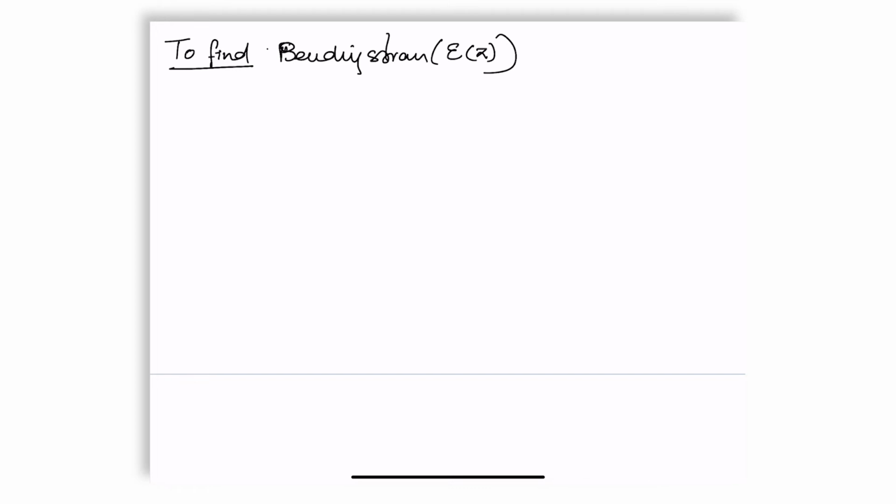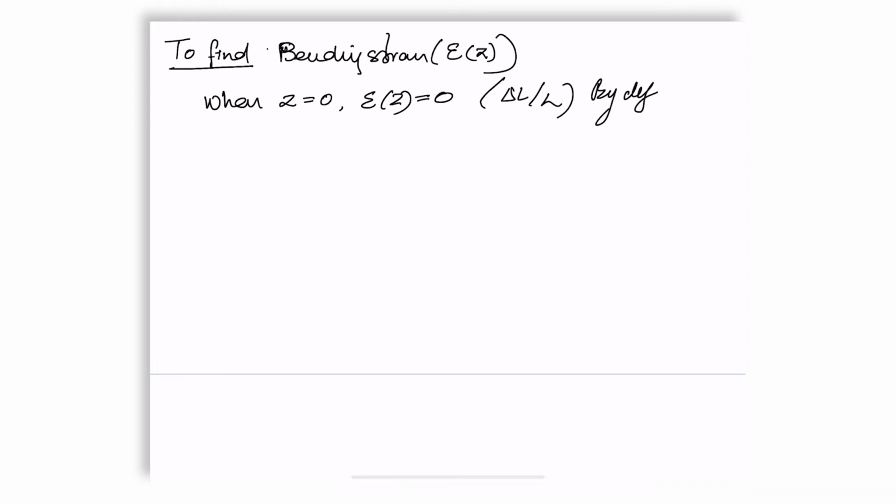Because z, remember, is going to decide: when z is equal to 0, epsilon z is equal to 0, because it is delta L by L, and there is no deformation by definition of the neutral axis. Yeah, you agree?